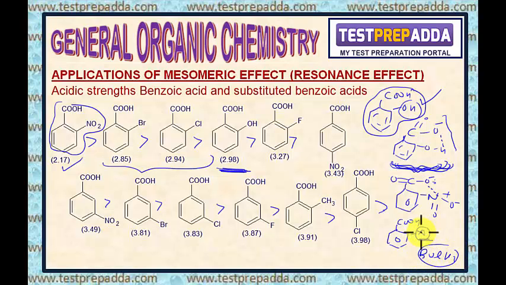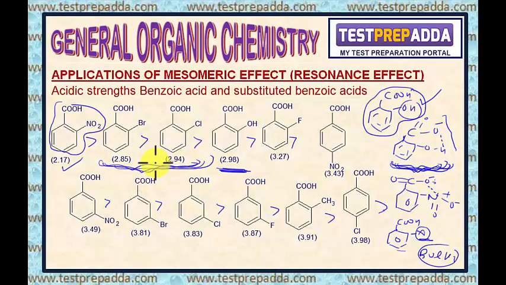This bulky group, because of this COOH loses its planarity with the benzene ring. As a result, its minus R effect decreases, which is responsible to decrease the acidic strength. And that is why, because of ortho effect, we explain the acidic strength of these two compounds.